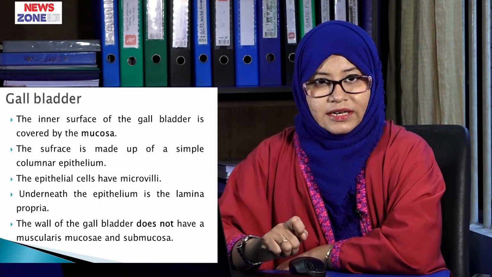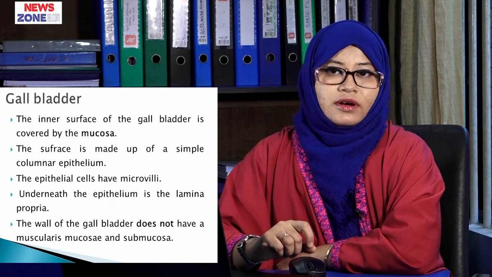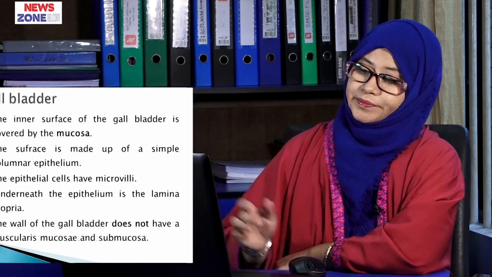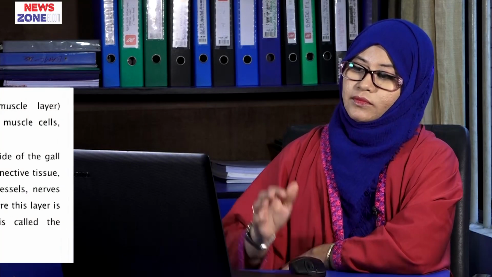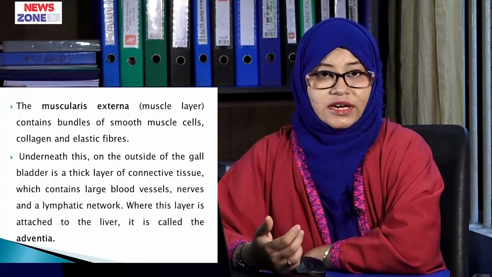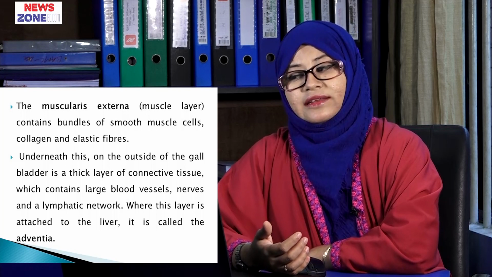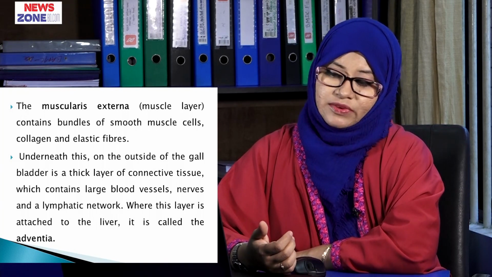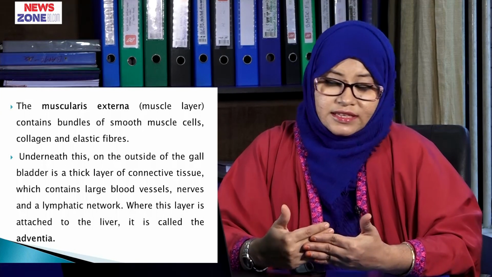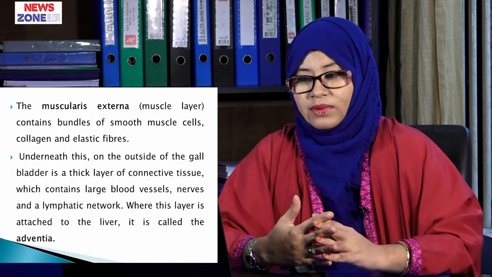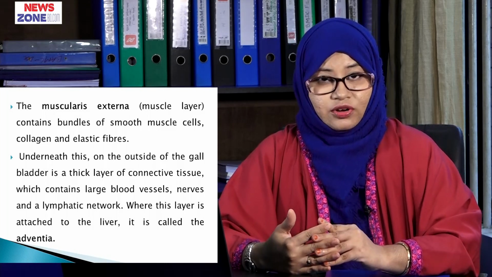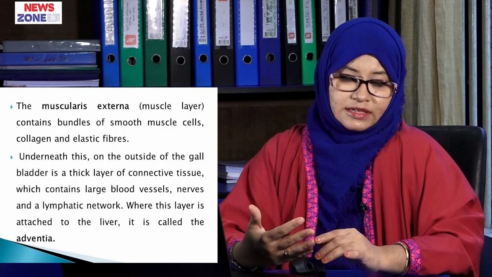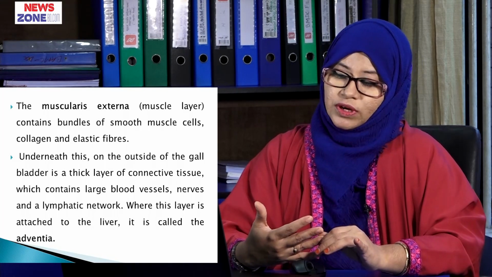In the gallbladder there is an absence of muscularis mucosae and submucosal layer. The muscularis externa contains bundles of smooth muscle cells, collagen and elastic fibers. And underneath these, on the outside of the gallbladder, there is a thick layer of connective tissue which contains large blood vessels, nerves and a lymphatic network.